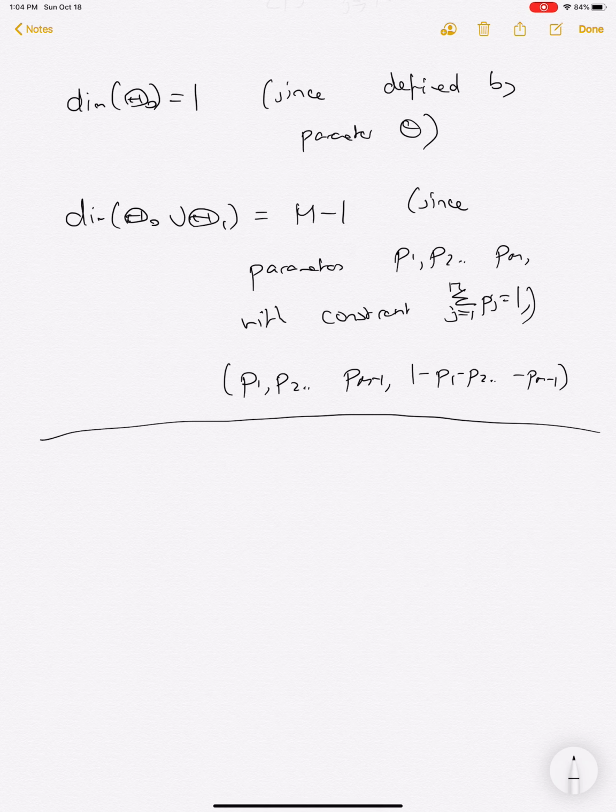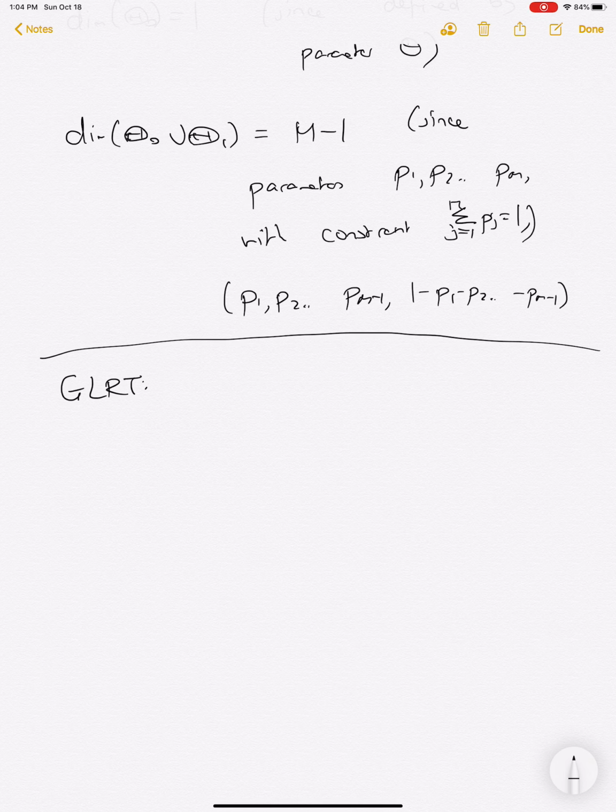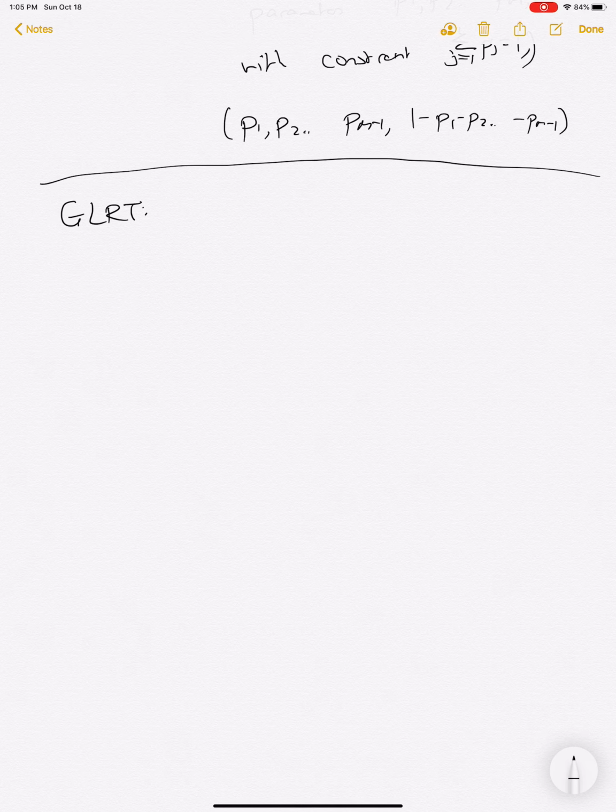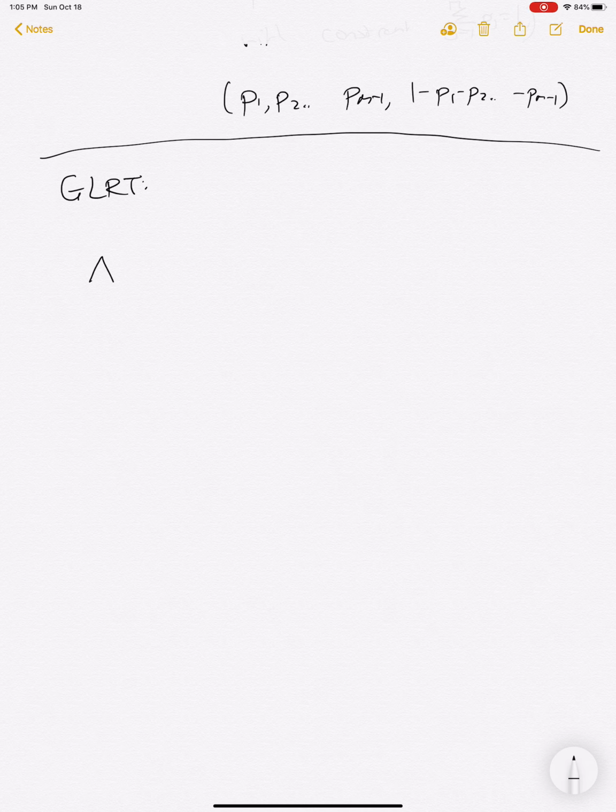So now let's talk about what that GLRT is. In this case, this is a little bit different from some other examples because we're looking at this distribution as a whole.